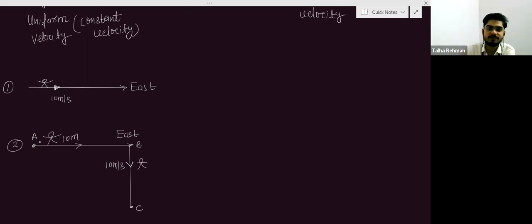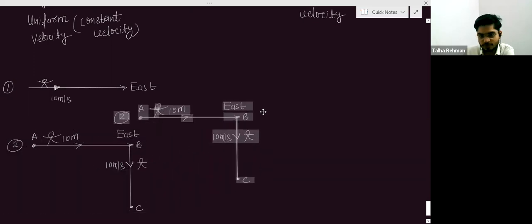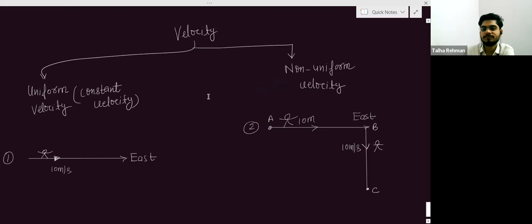So this is a case of non-uniform velocity. The case of uniform velocity will be when the body is moving along the same direction throughout the motion and with same speed. But for the non-uniform velocity, the body can change either the direction or the magnitude.